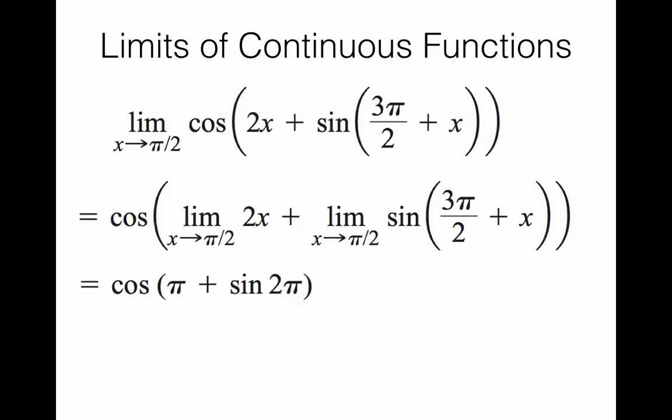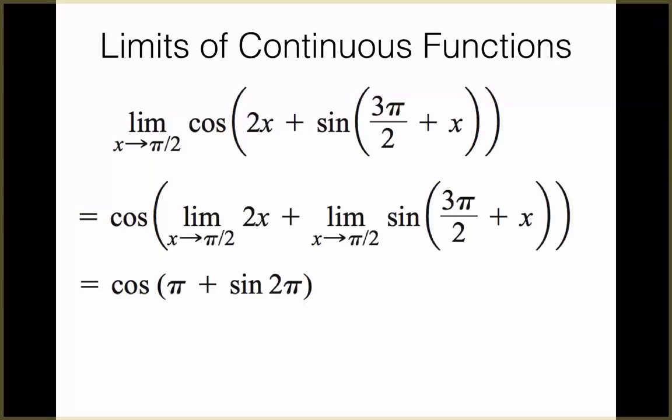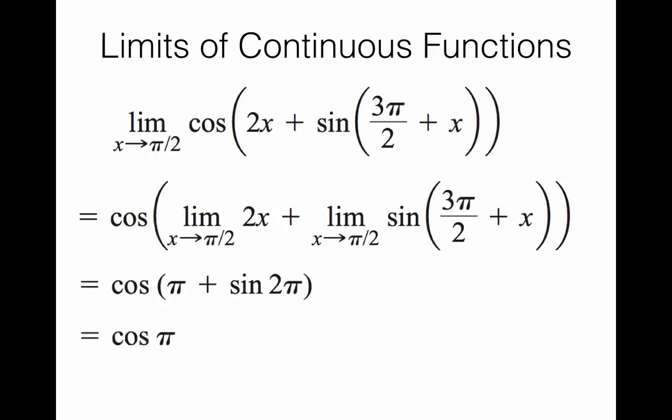But we know that sine of 2 pi actually equals 0. So this quantity just simplifies to cosine of pi. And cosine of pi is -1. So we can evaluate complicated limits involving continuous functions by using this property that you can take the limit of a continuous function and pull the limit inside the continuous function.